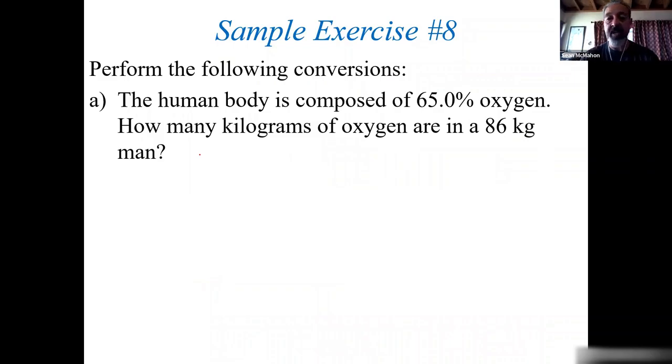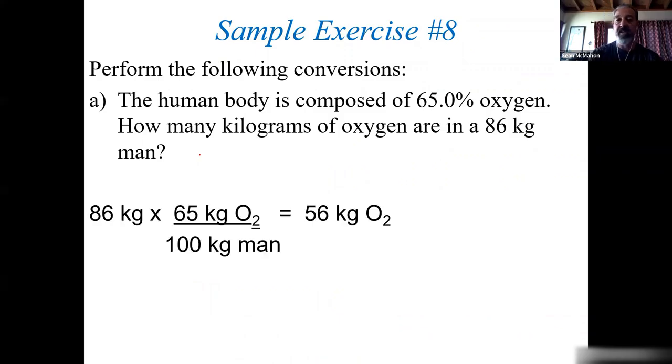So the human body is composed of 65% oxygen. How many kilograms of oxygen are in 86 kilograms of a man? The 65% basically means 65 oxygen per 100 of body.